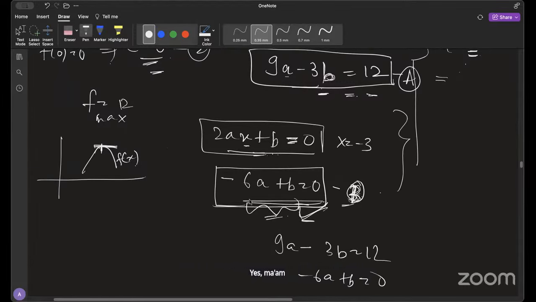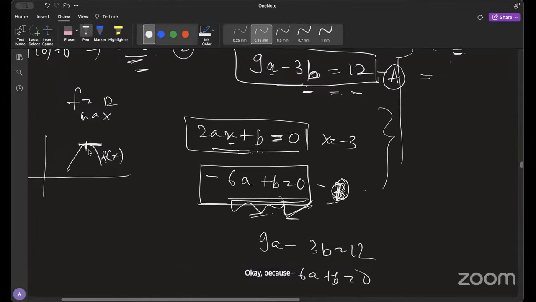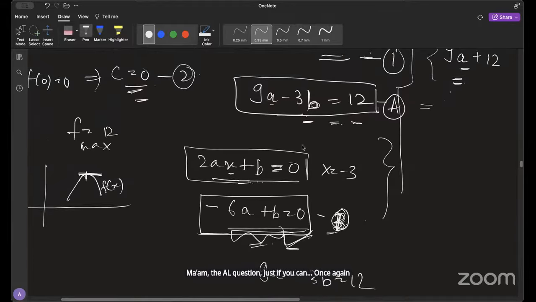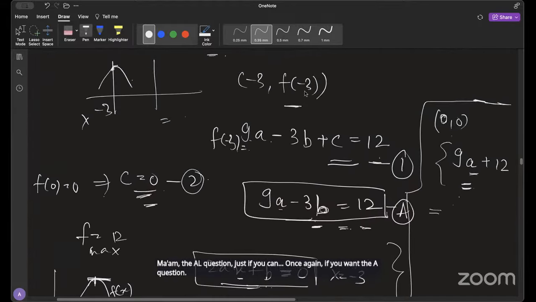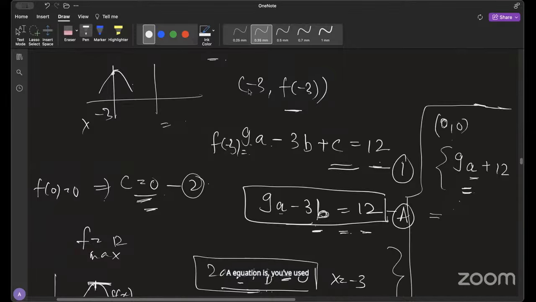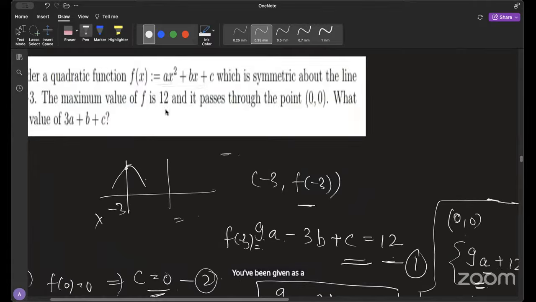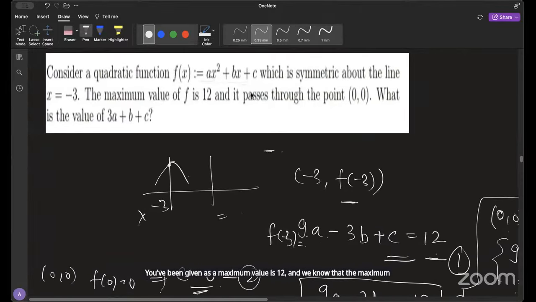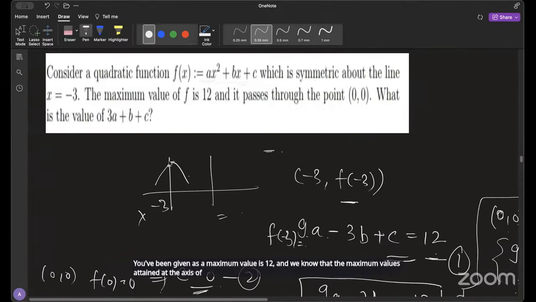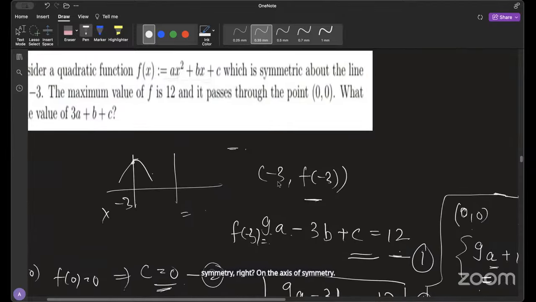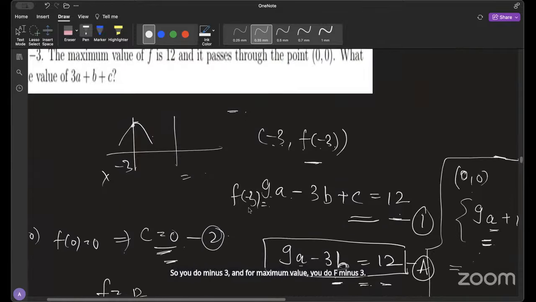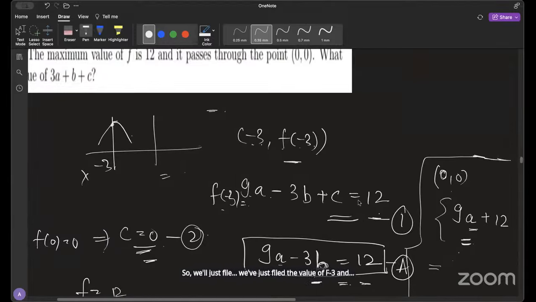Yes, ma'am. Once again, the A equation. You've been given that the maximum value is 12, and we know that the maximum value is attained on the axis of symmetry, right? So you do minus 3, and for the maximum value, you find f(minus 3) and equate it to 12.